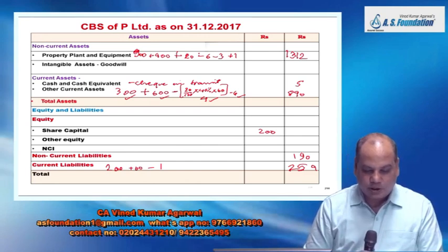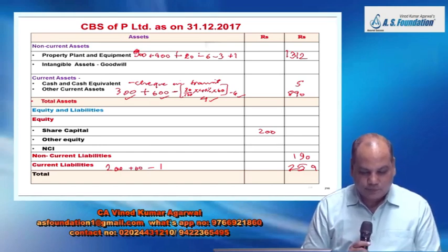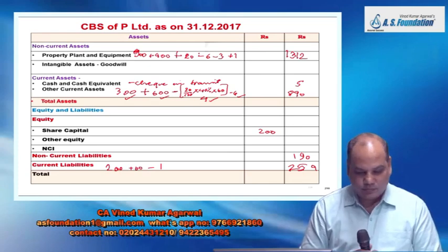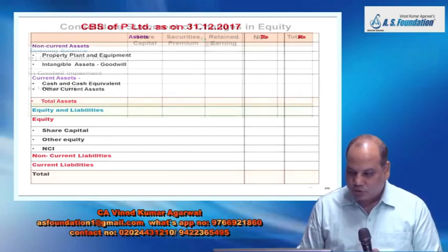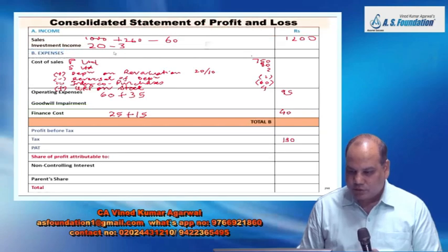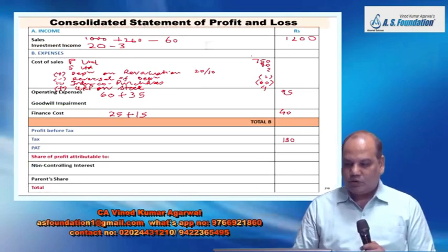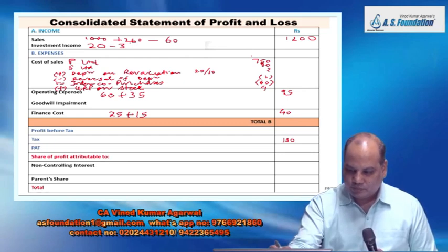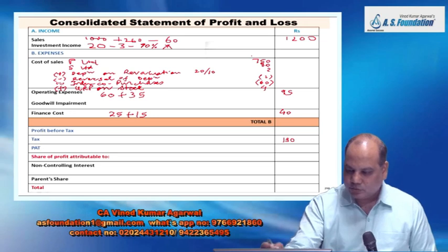S Limited had paid a dividend of rupees 20,000 on 1st March 2017. So now you come to profit and loss. From this investment income, you adjust the intercompany dividend. How much dividend they must have received? Is it 70%? 70% into 20.